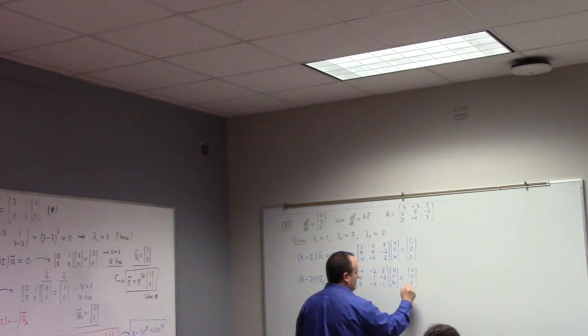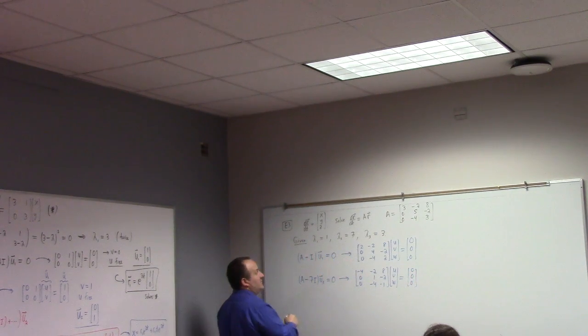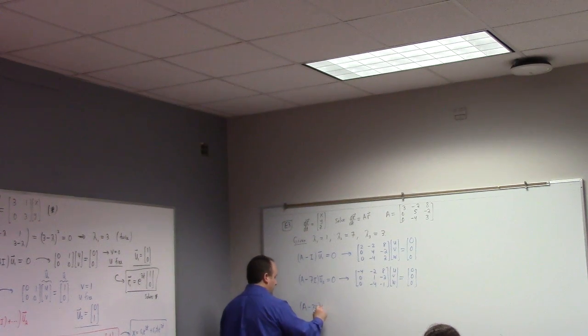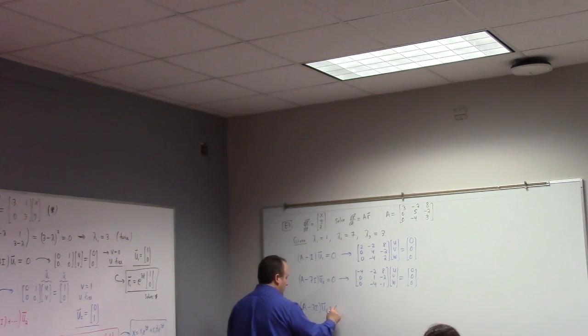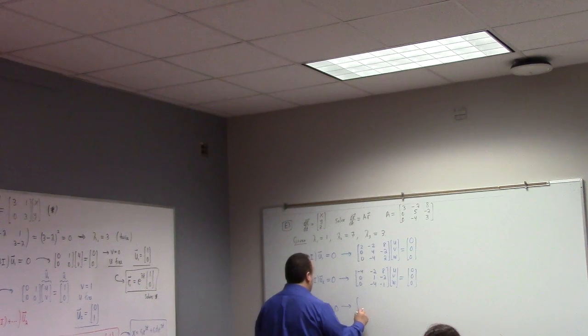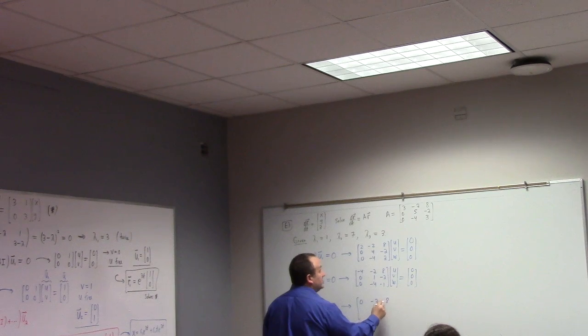Solve that system, right? And then the third one, I'd have to solve this. And let's see here, the matrix with rows (0, minus 2, 8), (0, 2, minus 2), (0, minus 4, 0).